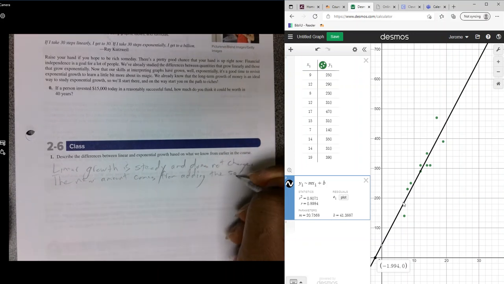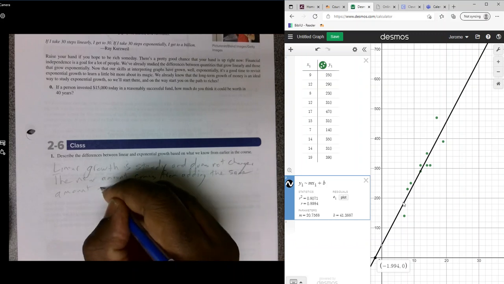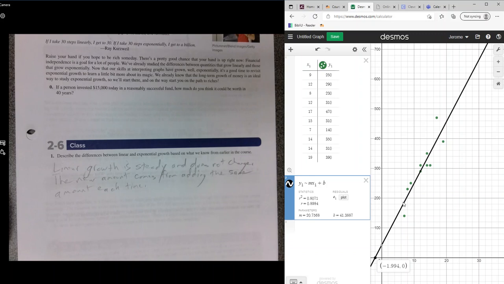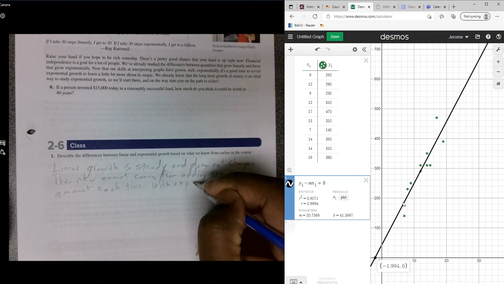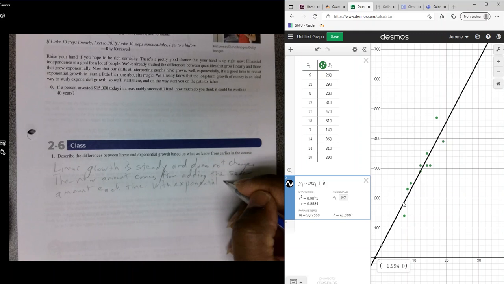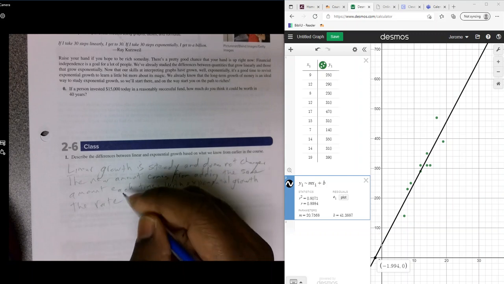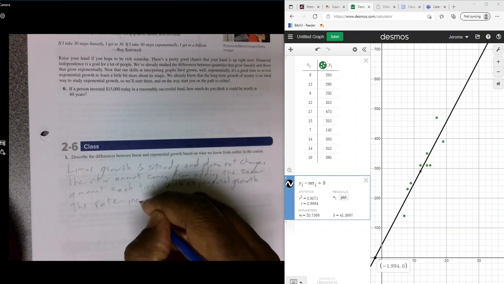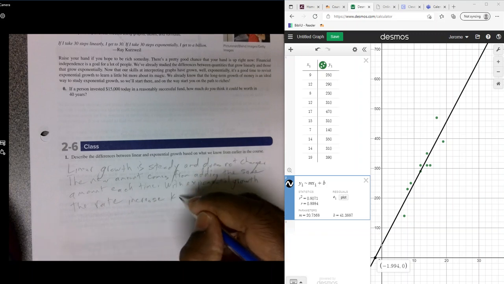With exponential growth, the rate increases at larger amounts.